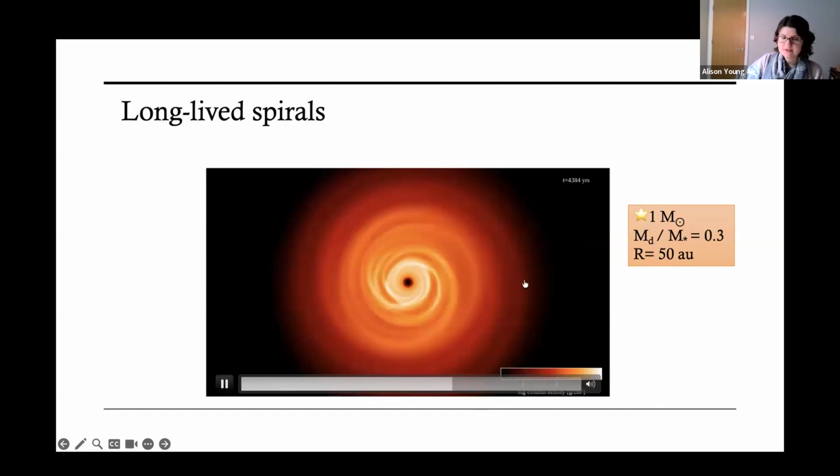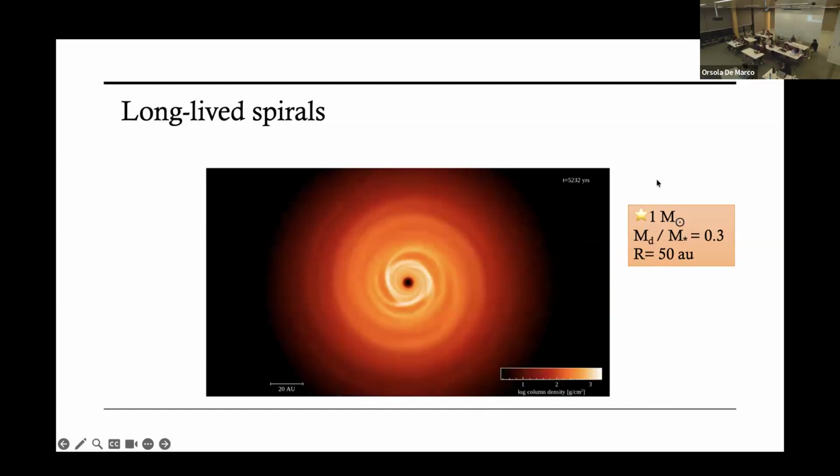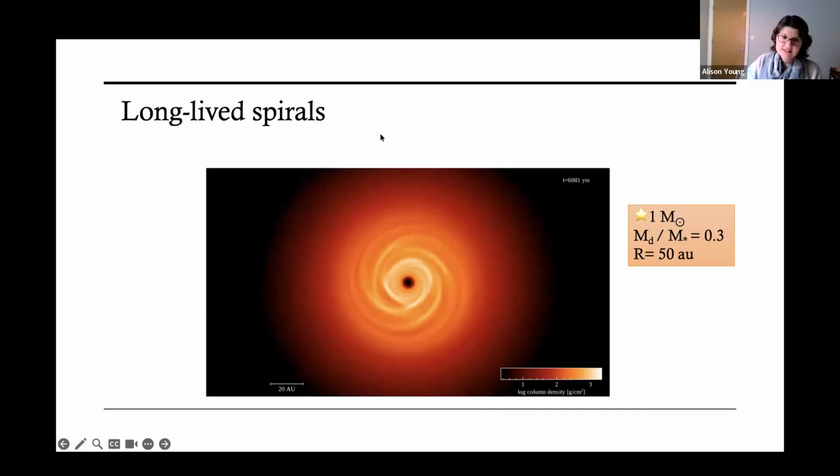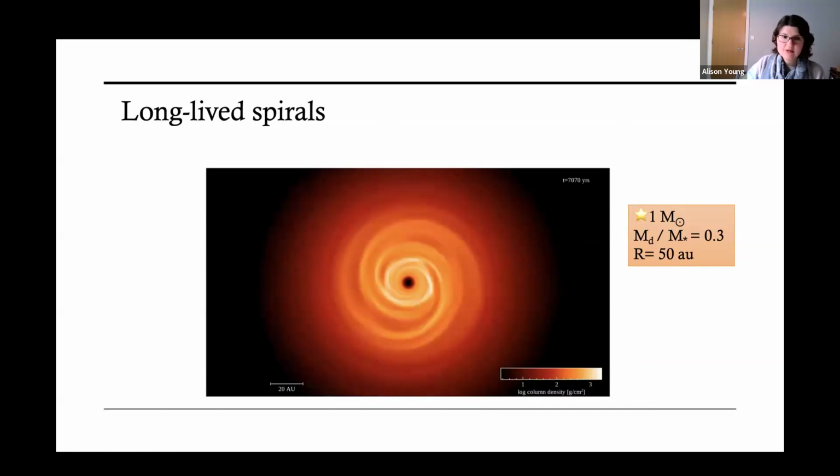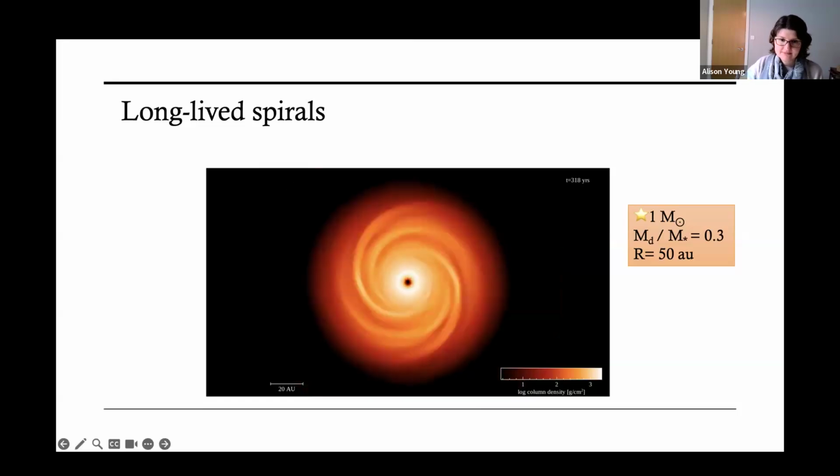We get different numbers of spiral arms, but on that time scale, they don't dissipate. So it's not just an artifact of poor assumptions or fixed values of beta, the cooling rate with radius. When we have self-consistent thermodynamics, we do still see these long-lived spirals.